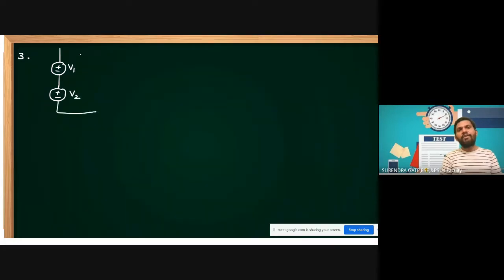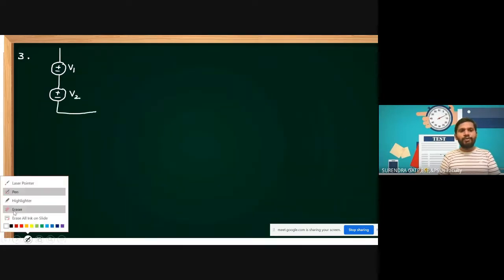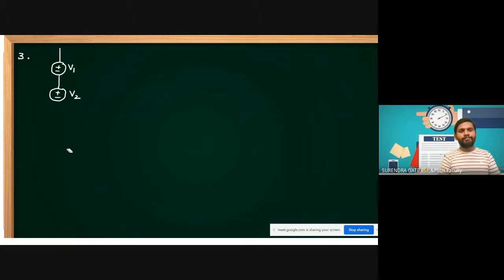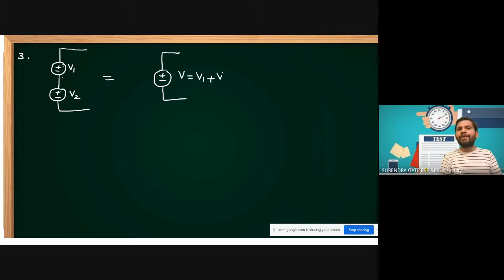Then this is equivalent to a single source, replaced by minus plus minus plus, aiding polarity, plus minus. What is this voltage, friends? This is the resultant V, which is nothing but V1 plus V2 because it is the aiding polarity. Simply you can replace like this, V1 plus V2.